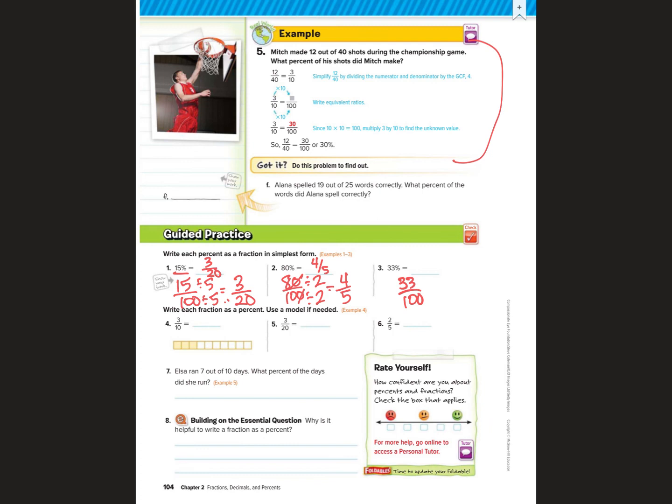Okay, let's go down here to go from fraction to percent.